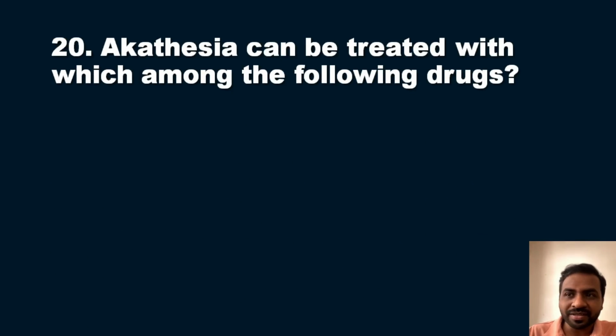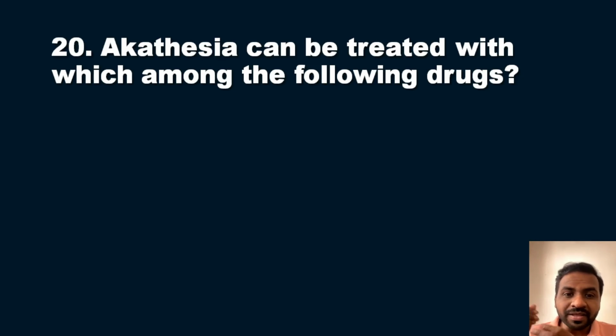Now we will move on to the very last question in this series, and the question is very important from psychiatry. Akathisia can be treated with which among the following drugs? Akathisia comes as a part of extrapyramidal syndromes when we are giving antipsychotics. Antipsychotics can cause extrapyramidal symptoms, and an important symptom is akathisia.